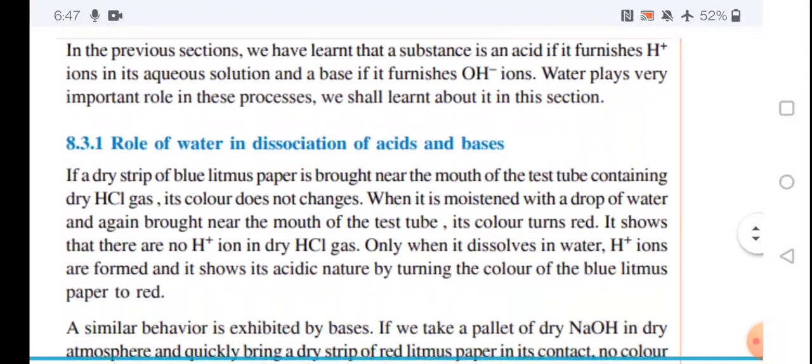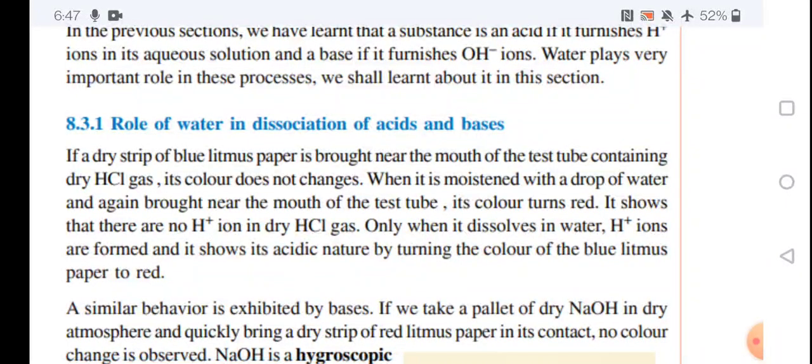First, if we put a dry strip of litmus paper in a test tube containing dry HCl, it does not show any reaction.